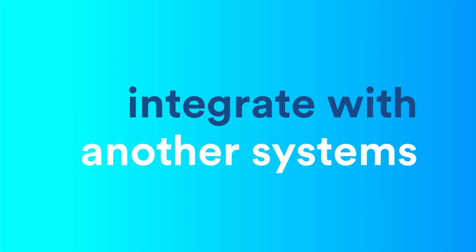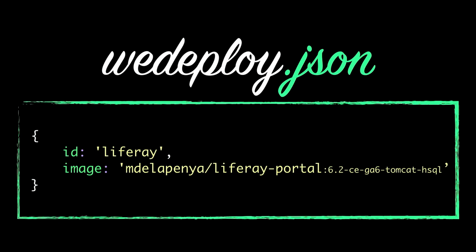It doesn't matter what the application is, you can run it. And just to prove that, let's say you have another version of Portal CE. Let's say I'm not on Liferay 7 yet. I'm not on DXP. I'm actually on 6.2. Well, there's an image from the community that you can use.